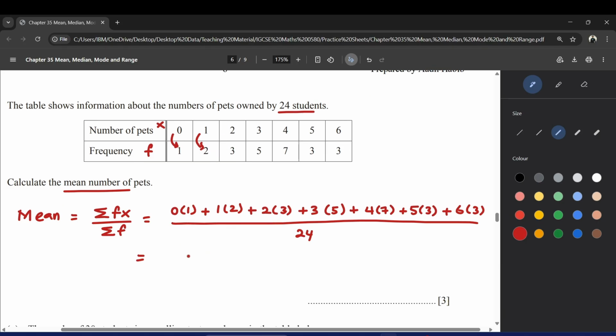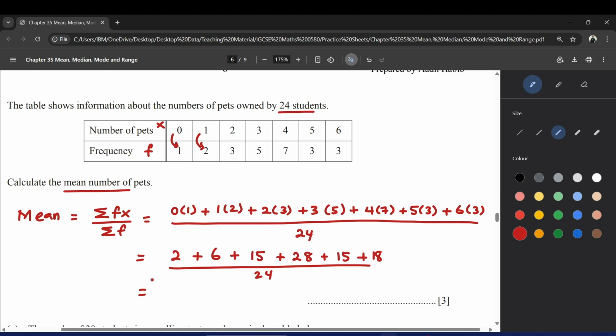So this is 0. So 1 times 2, we have 2 plus 6 plus 15. 3 times 5 is 15. 4 times 7 is 28. Then 5 times 3 is 15. And then 6 times 3 is 18 divided by 24. Let me work this out.